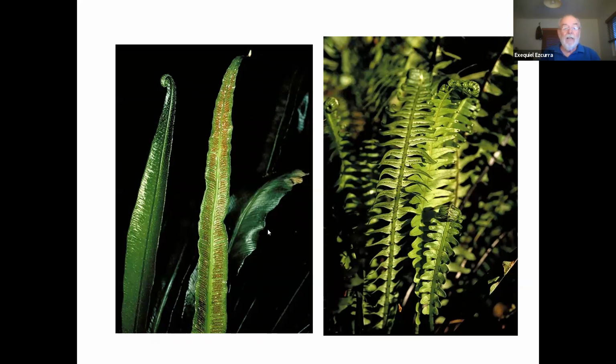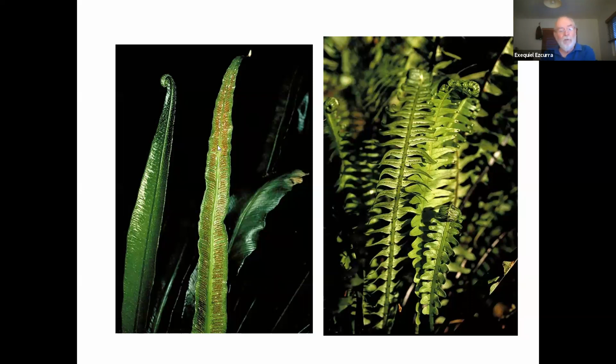Remember, reticulate venation is a trait of the dicotyledons. And also you will often see, and it will help you identify them as ferns, the scorpioid growth of the primordial cells and the sori under the leaves.